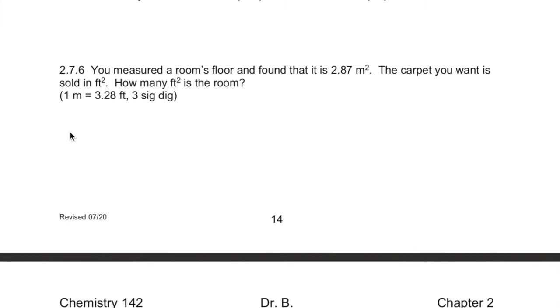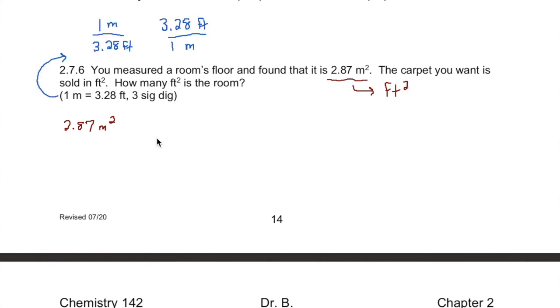I wanted to take a look at this one as well because it has square units. We want to convert 2.87 square meters into square feet. Here are 2 conversion factors that can be made with the one relationship we were given.